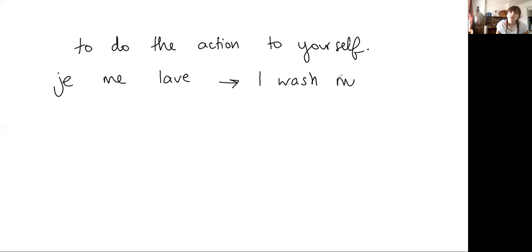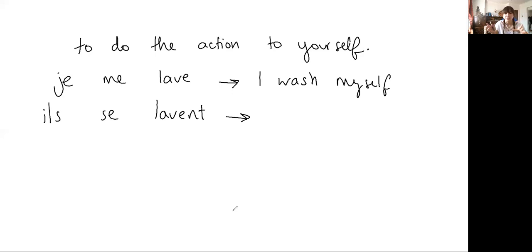If you take the example of il se lave, here that could mean that two cats are on two sides of the room and they are both cleaning themselves, or it could also mean that they are cleaning each other.